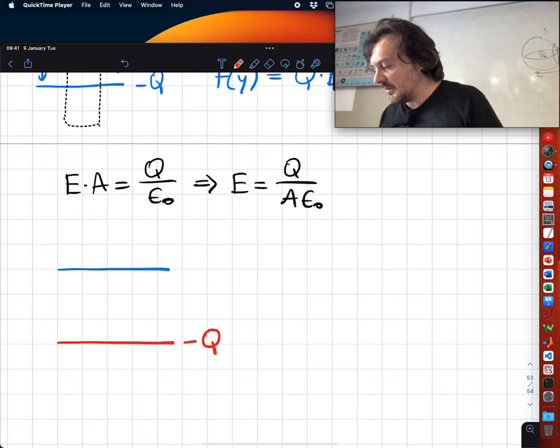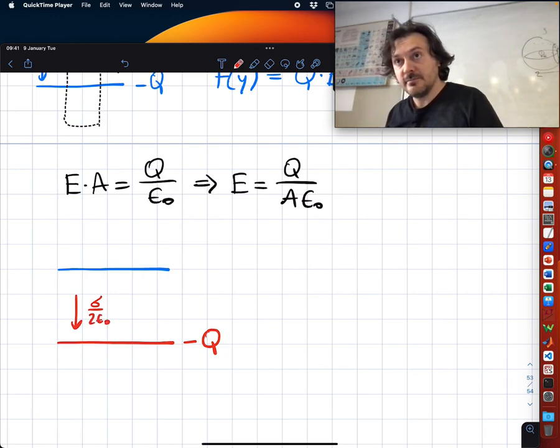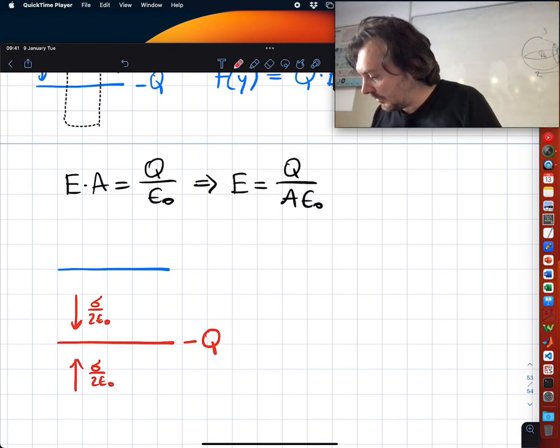So, this is minus q. The minus q is creating sigma over 2 epsilon 0 in this direction, right? Sigma over 2 epsilon 0 in this direction, and this plus q also over here, sigma over 2 epsilon 0.